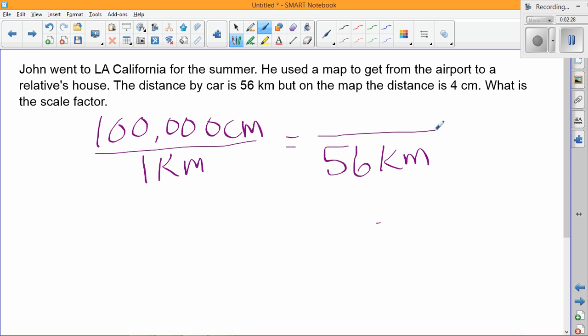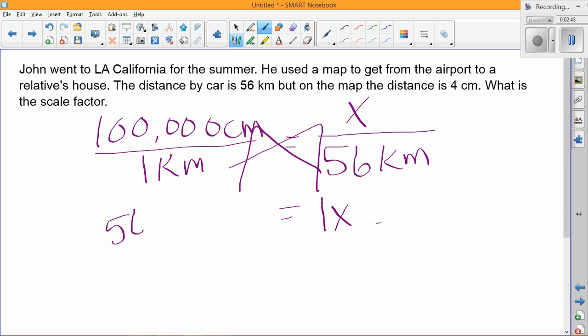In 56 kilometers, we need to figure out how many centimeters that is. So what we do is we cross multiply. Here you're going to get 1x, and over here you're going to get 56 with 5 zeros after it, or 5,600,000 centimeters in 1 kilometer.